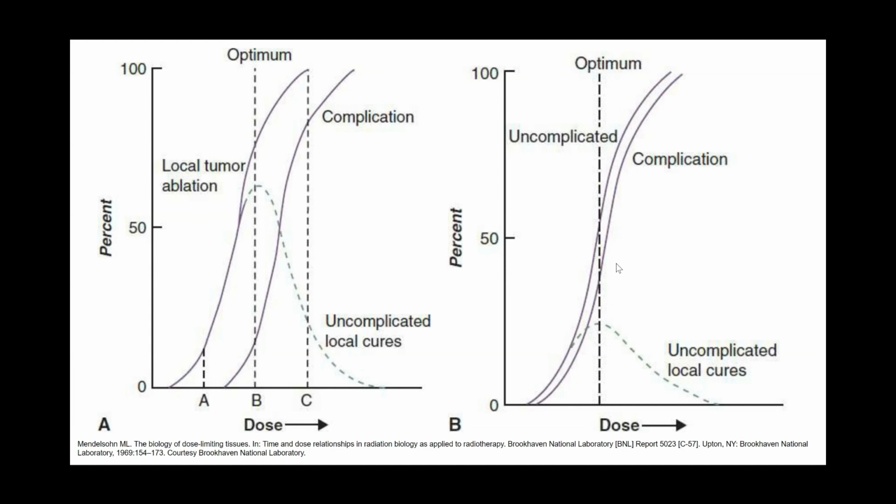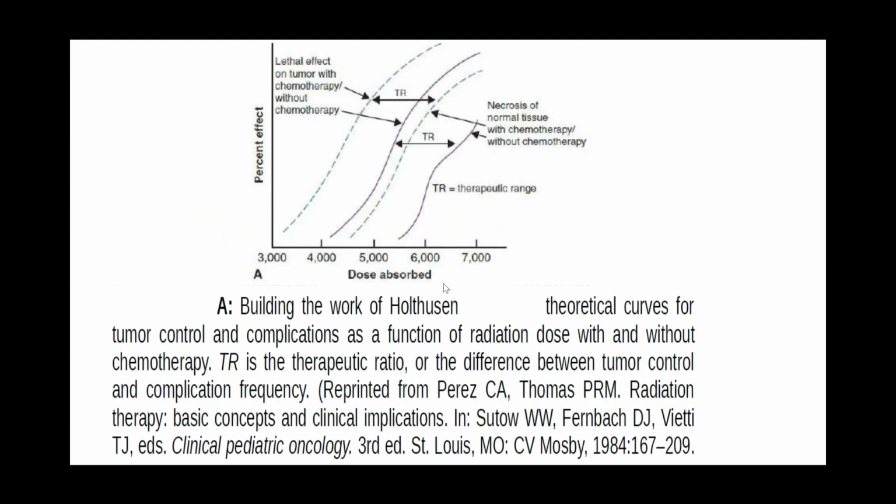Now, if we look at this other graph, we can see that the window here is very narrow. But still, we are looking at a dose where we can get better tumor control versus normal tissue complication. Now, let's look at the case where we have put in chemotherapy.